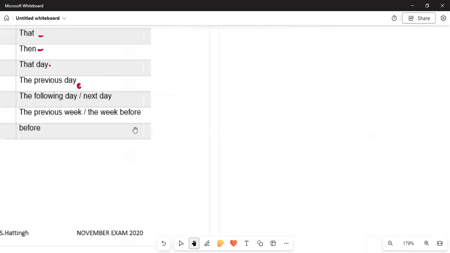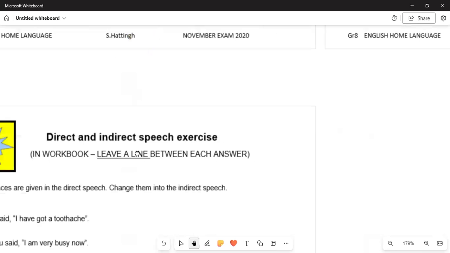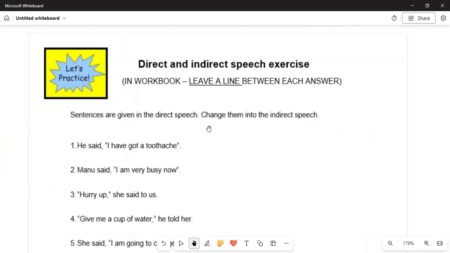And most importantly, let us ensure that we are taking notes, and our peers in class, and let us ensure that we are doing the exercises in the comment section. We are showing courage, okay? Under the direct and indirect exercise, these are in direct speech; change them to indirect speech.